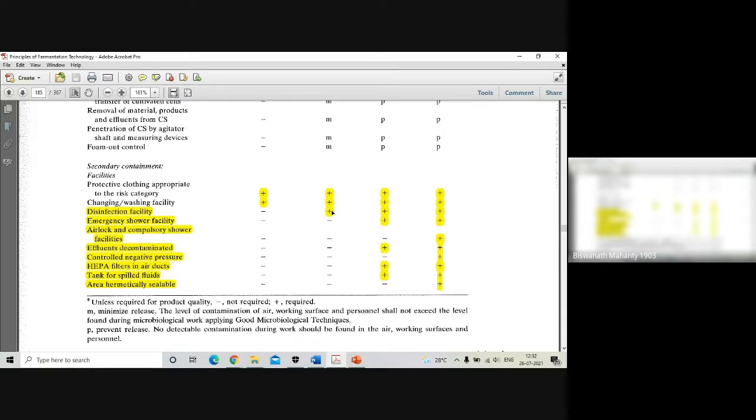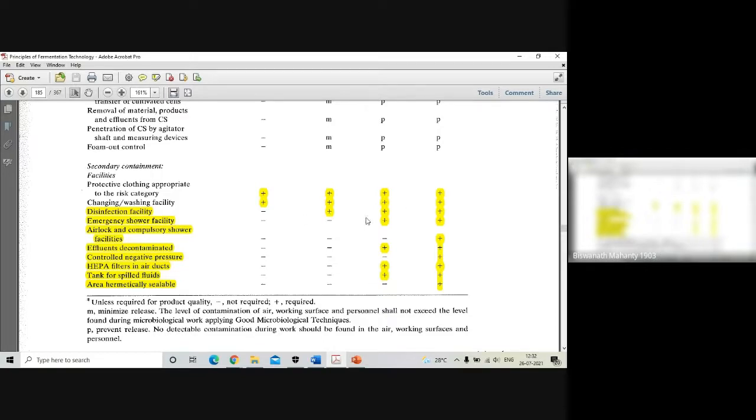I can have a disinfection facility in some other place, not in the same lab. But when I come to biosafety containment levels 1, 2, and 3, then I should be cautious. I must have it in all scenarios. So basically, we should have a higher grade of preparedness, a higher grade of safety concerns when we are dealing with the more pathogenic variants of microorganisms.